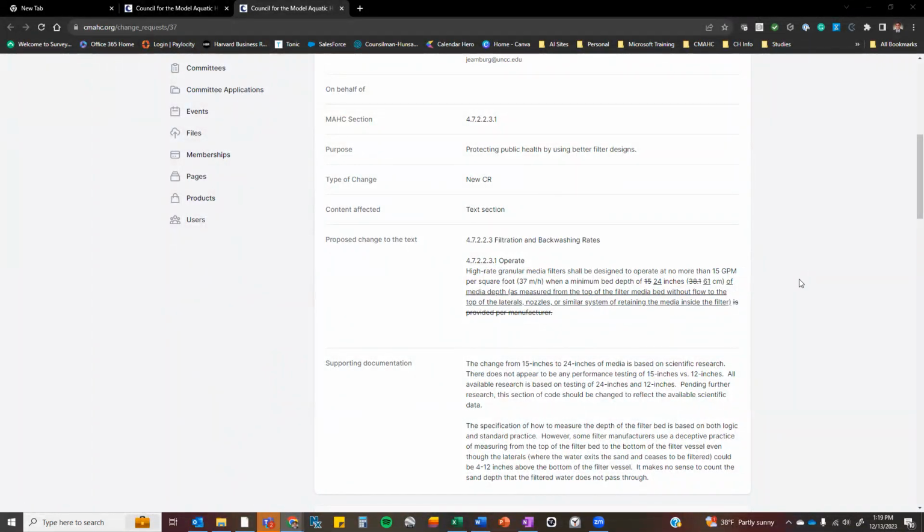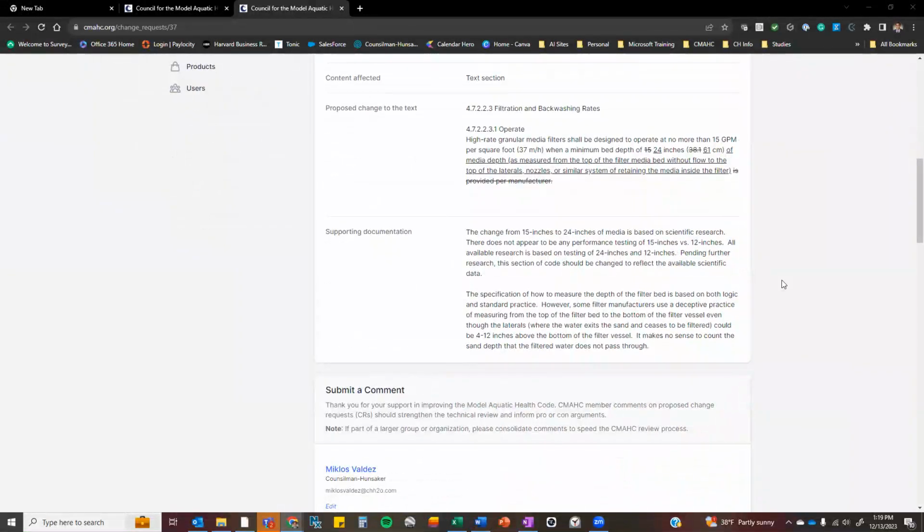Amending the text for high rate granular media filters to operate at no more than 15 gallons per minute per square foot when a minimum bed depth of 24 inches of media depth, as measured from the top of the filter bed without flow to the top of the laterals, nozzles, or similar system retaining the media inside the filter, is provided per manufacturer. It says the change from 15 to 24 inches is based on scientific research, but does not provide the references to that research.